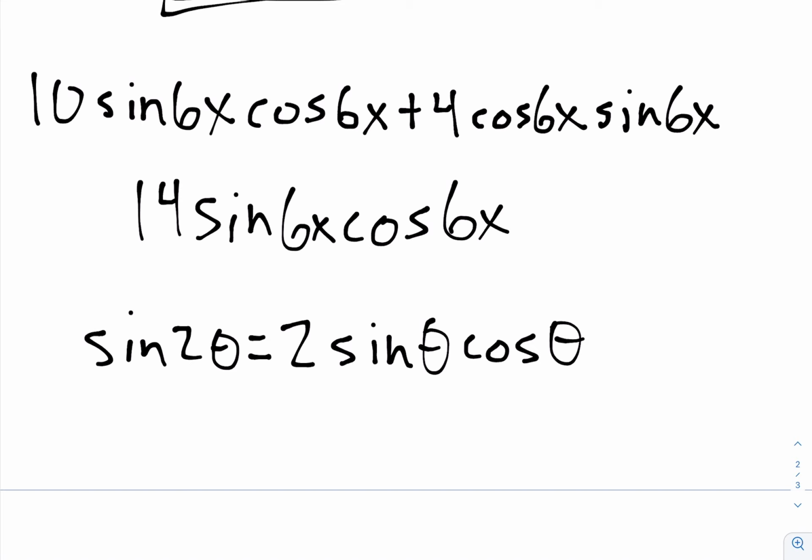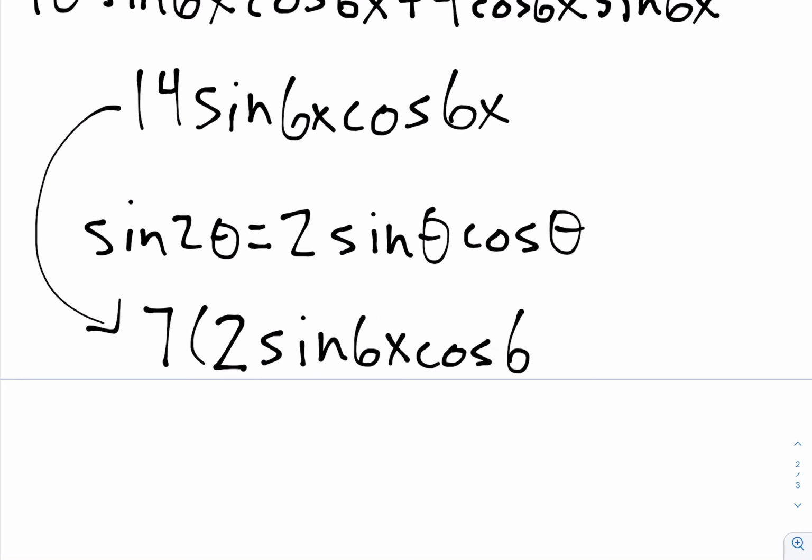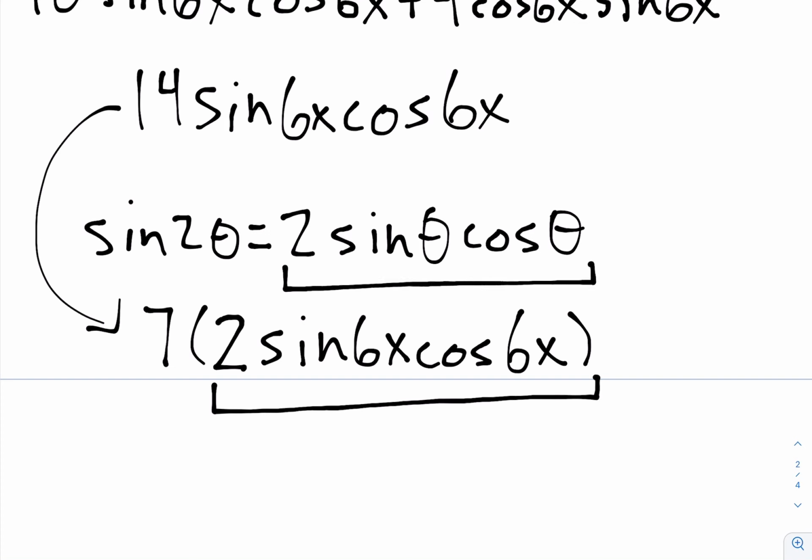So just bringing this question down here, if we factor out a 7, right, and get it so there's a 2 left, because 7 times 2 is 14, we just get our original question back. But if we factor out a 7, see how we're left with 2 sine 6x cos 6x? And we can relate that to the identity 2 sine theta times cos theta.